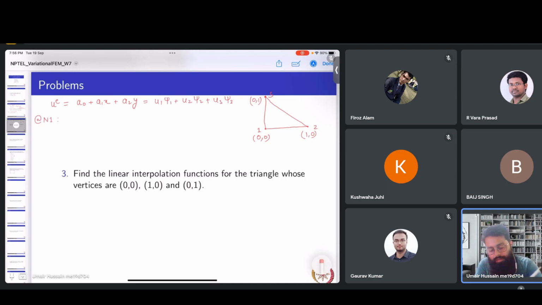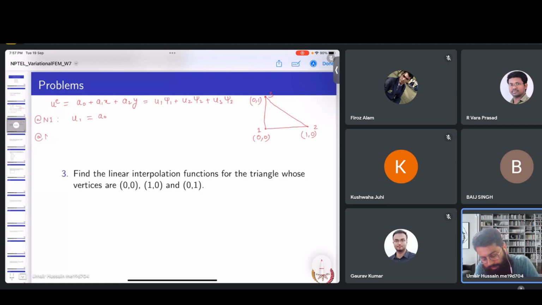On the right hand side, psi1 should be equal to 1, psi2 should be 0, psi3 should be 0. So on the right hand side, we'll get u1, and on the left side, since x is 0 and y is 0, we'll only have a0.